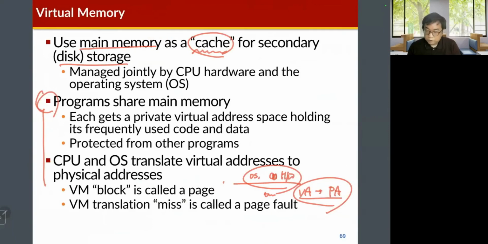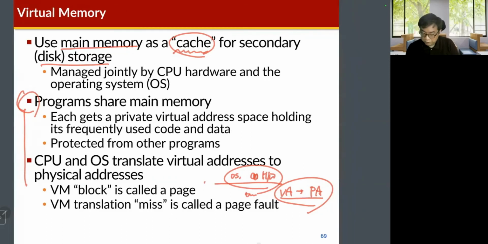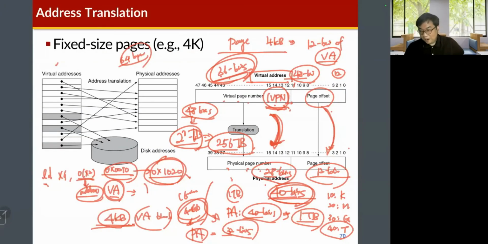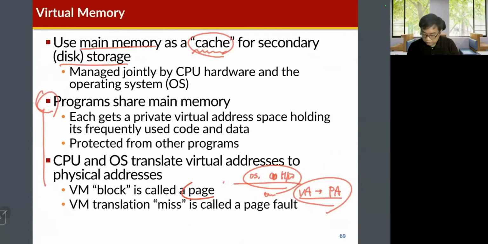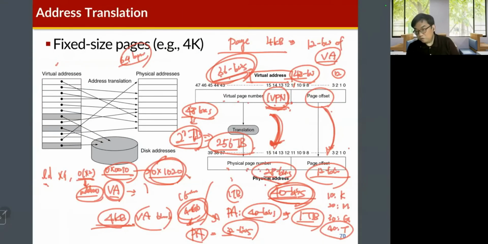So this is the virtual memory concept. In order to translate the virtual address to the physical address, we use a very large chunk called the page. When a virtual address is translated into a physical address, the virtual page number is translated into the physical page number, PPN.